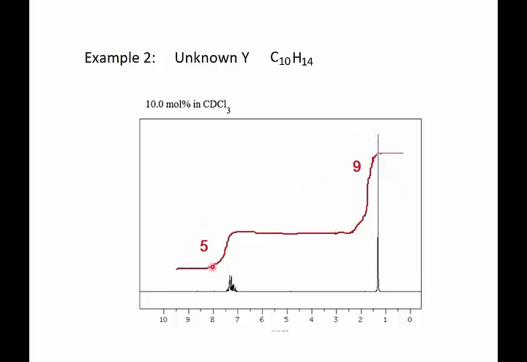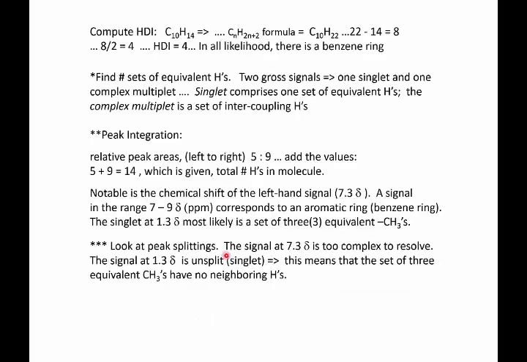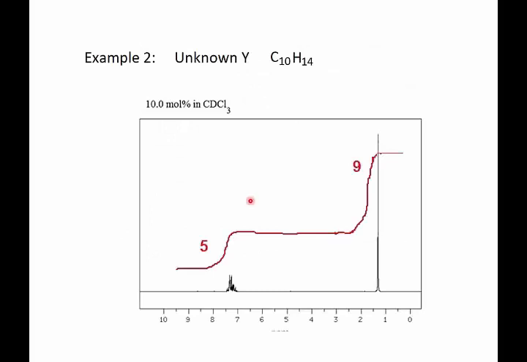All right. Now, one of the things we determined was it's likely to have a benzene ring. Well, if you look at the table of chemical shifts, you find that a benzene ring will show a chemical shift signal between 7 and 9. And if you see something between 7 and 9, you can have the aha moment. It's going to be a benzene ring, most likely.